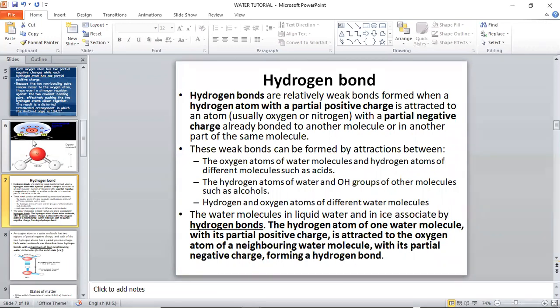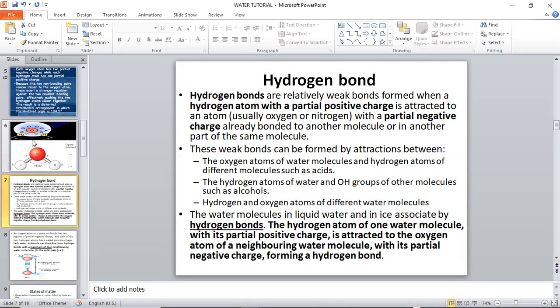And of importance for today's discussion is the formation of hydrogen bonds between oxygen and hydrogen atoms of different water molecules. So when we look at the water molecule, it is associated with hydrogen bonds.